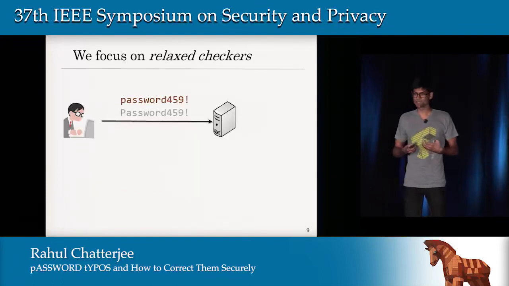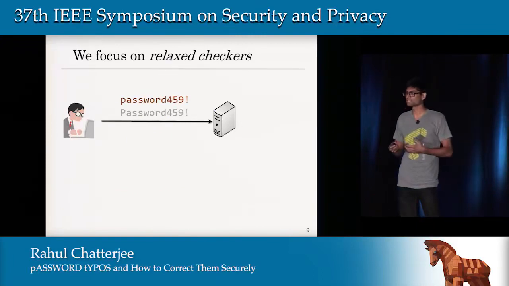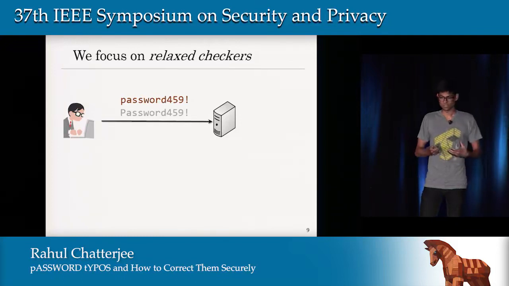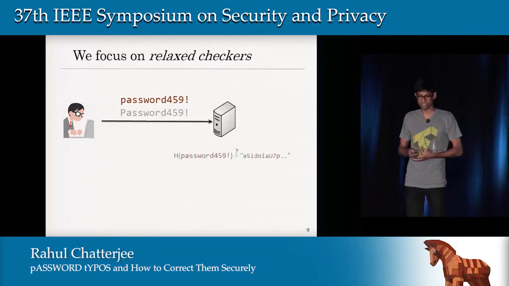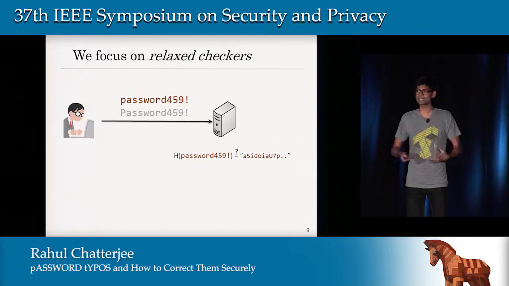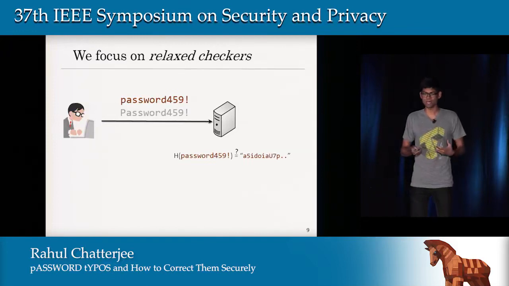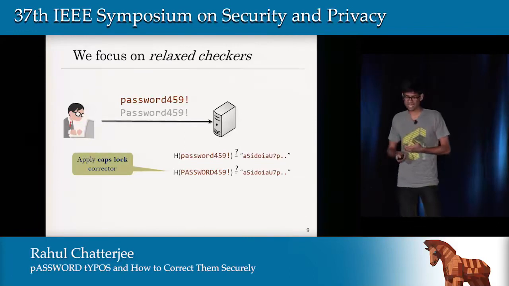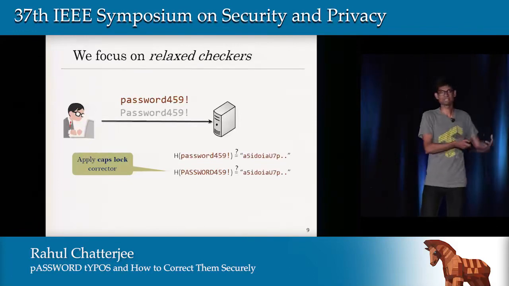We use a simple approach, which we call a relaxed checker. It's basically an extension over the exact hash-based checking systems. It works in the following way. It checks the submitted password first in the standard way. And if the check fails, then it will try to correct on behalf of the user. So it will apply one or more correctors on the submitted password and check in the standard existing exact checking way.